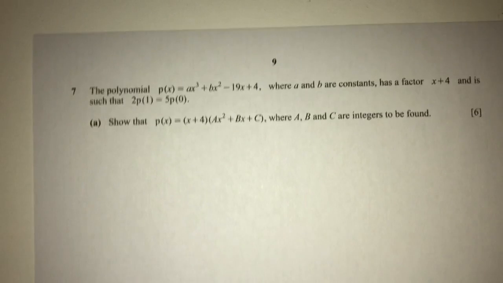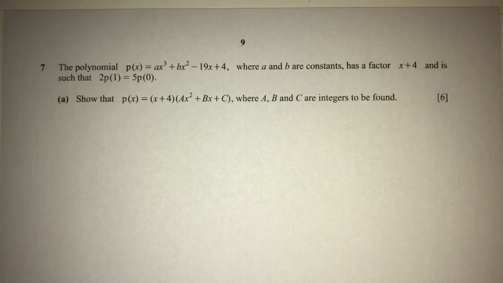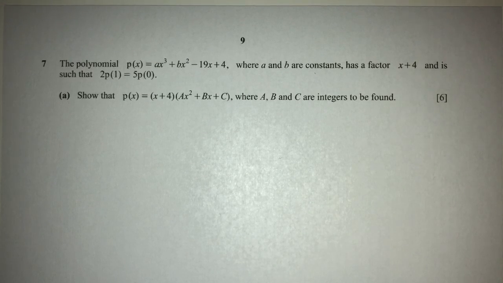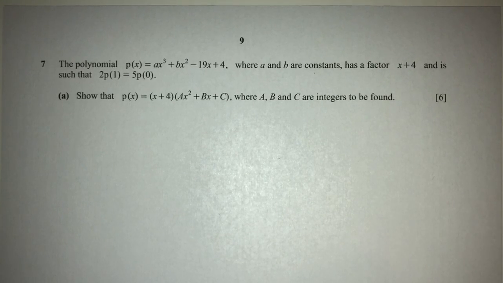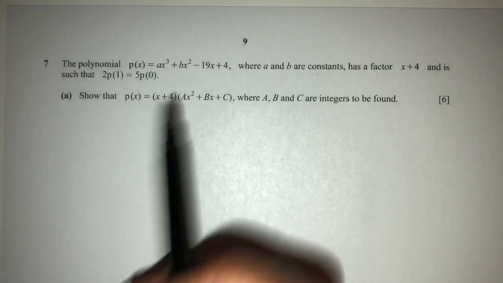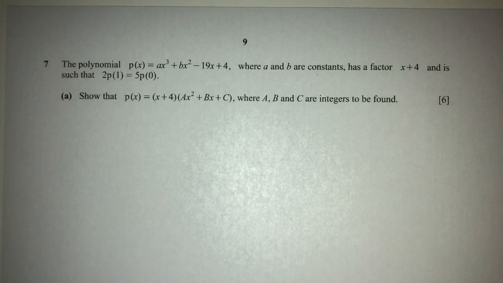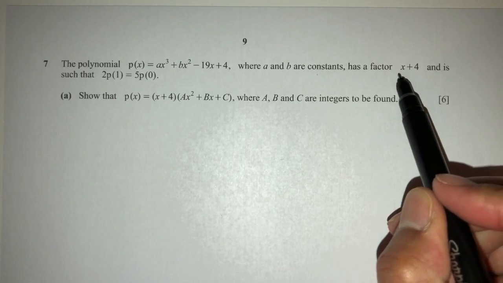Now we have to move on to question number 7. So the polynomial p of x is given by this expression. Now a and b are constants, as you can see. Now we have a factor of x plus 4.